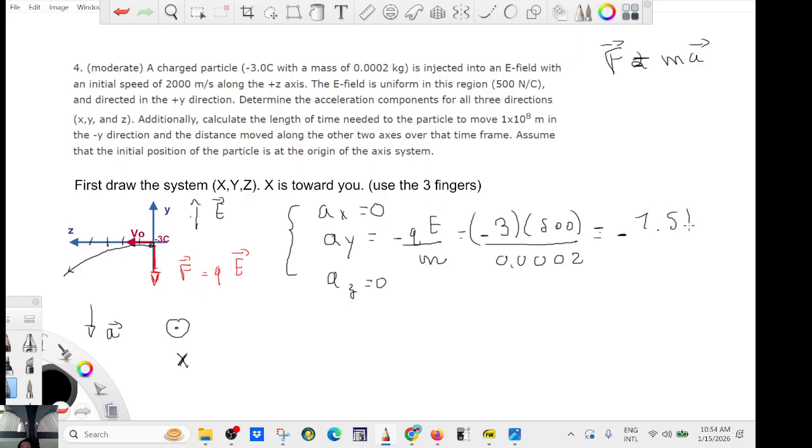Yeah. Meter per second. A meter per second per second.